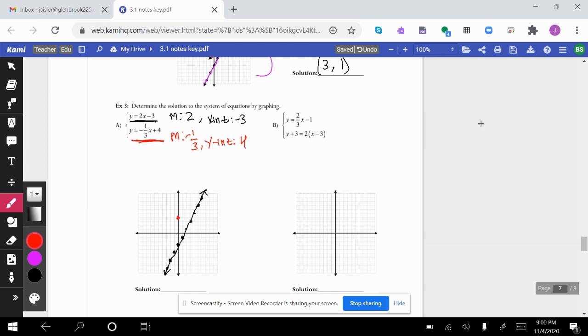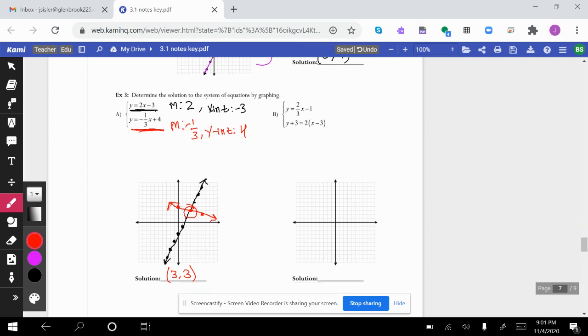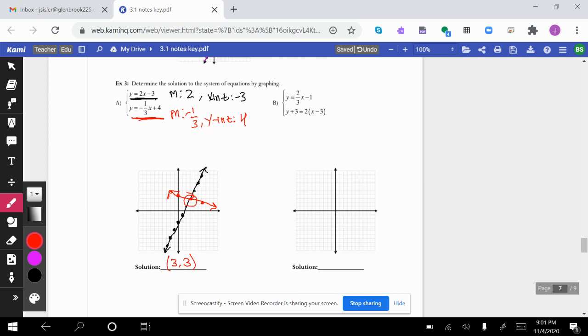So I'm going to go down 1 over 1, 2, 3, down 1 over 1, 2, 3. And that's all I really need to graph, because I can see that right here is where they intersect. That point is 3, 3, and that's my solution. It's the point of intersection.